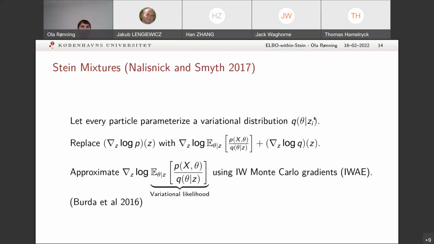In Nalsnik and Smith's work, they say this term is dominated by this term, and so they drop it. And then they can approximate this variational likelihood using importance-weighted Monte Carlo gradients.